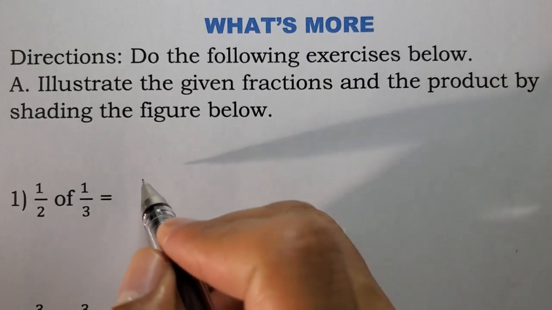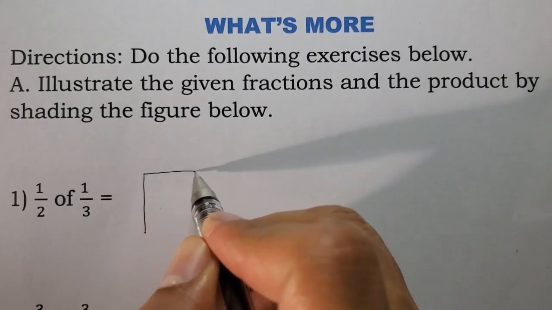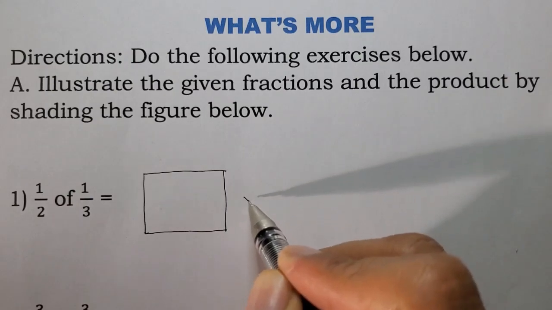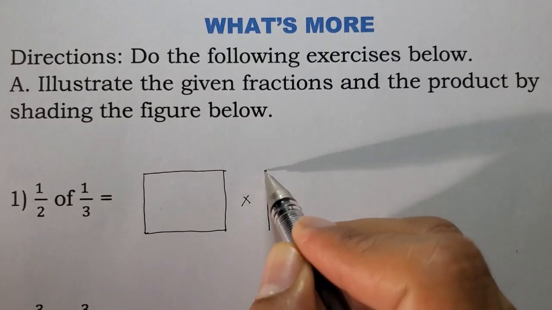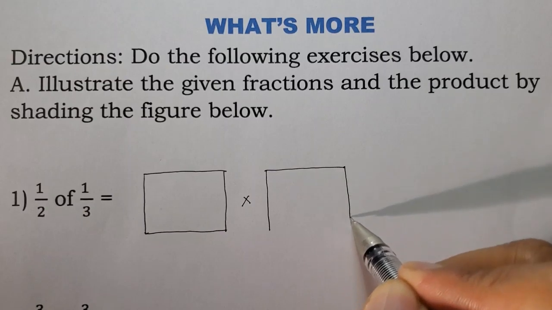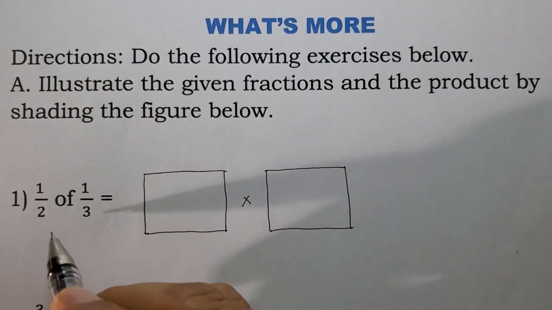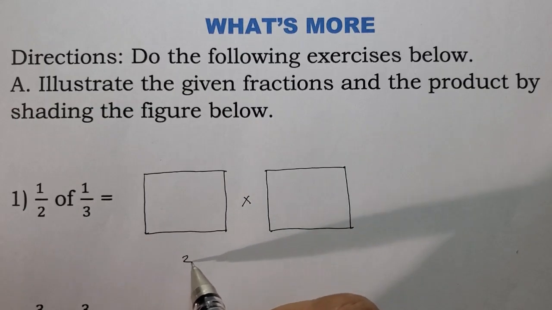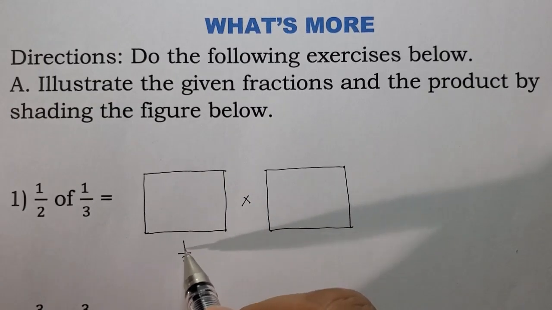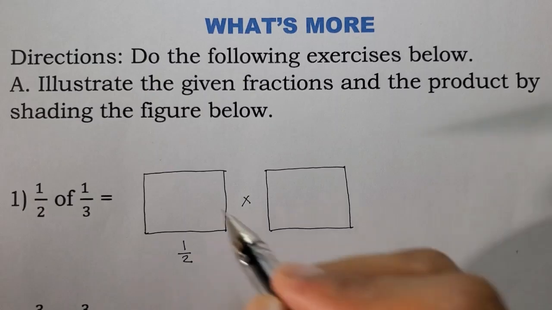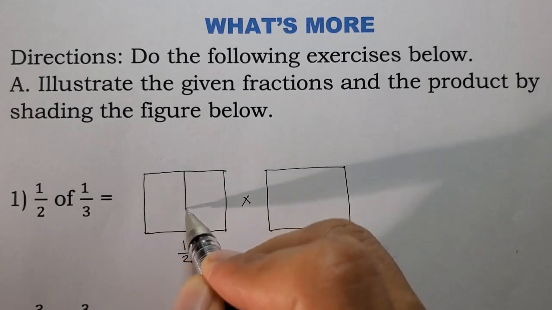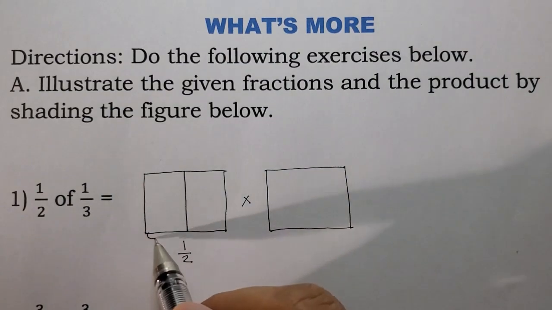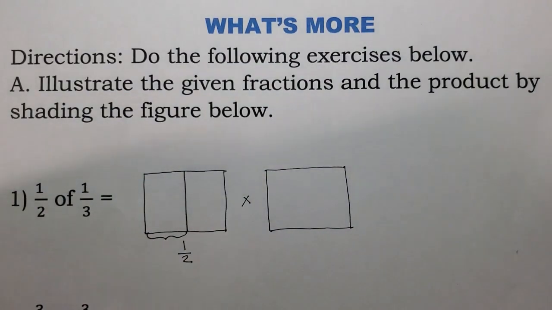So for example, if you have here one whole, and you will have here another one whole. So in order for you to show 1/2, you have to divide this whole into two equal parts and just shade one part out of the two. So when you say 1/2, so here's the 1/2 portion. Okay, so you have to shade it.